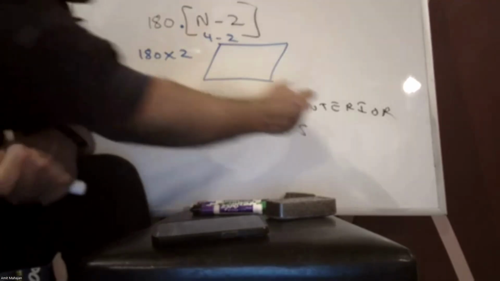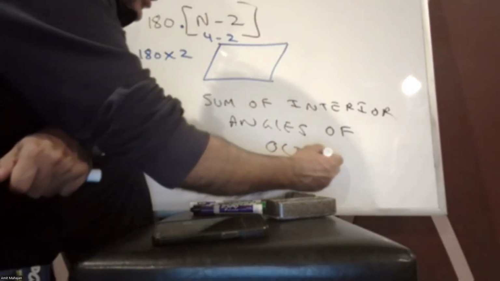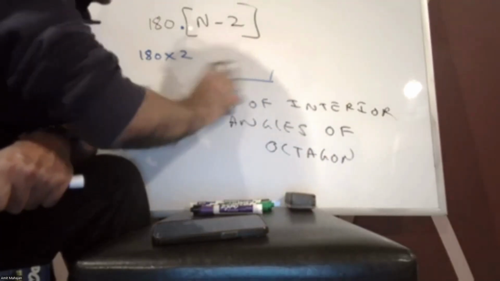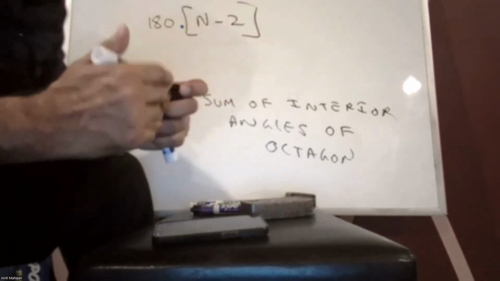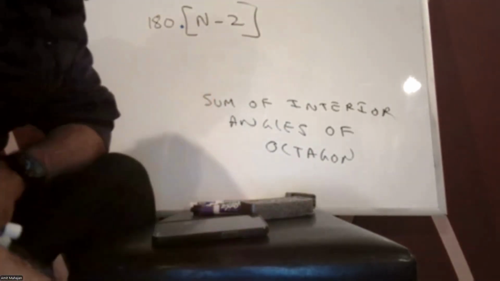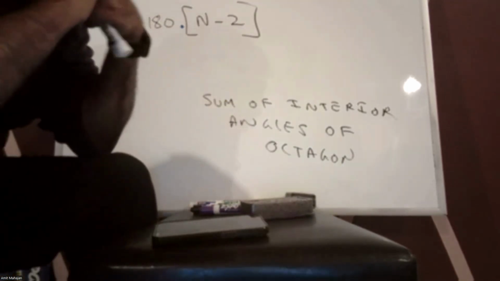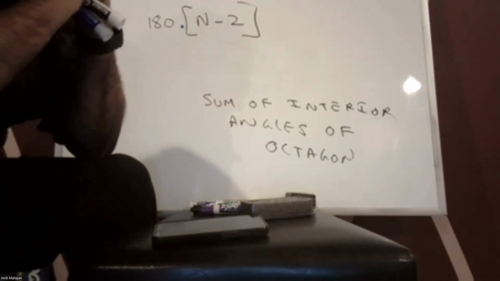Can you tell me the sum of interior angles of an octagon? Everyone type on the chat. Marcel, do not answer. Give them a minute. Okay. Everyone on the chat. Sum of the interior angles of an octagon.